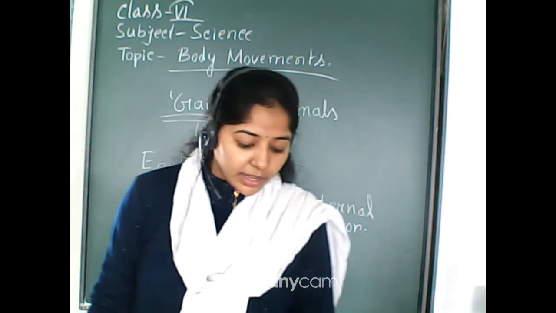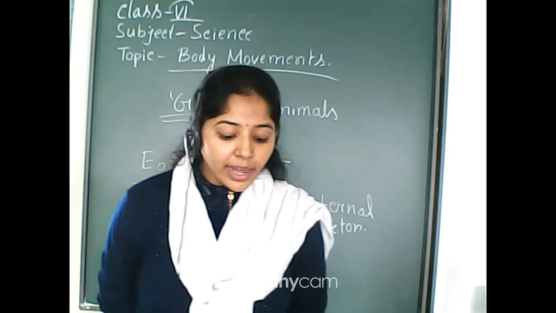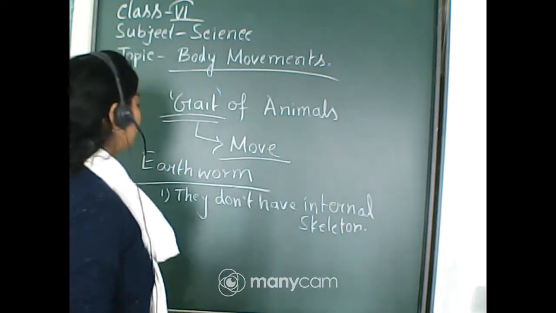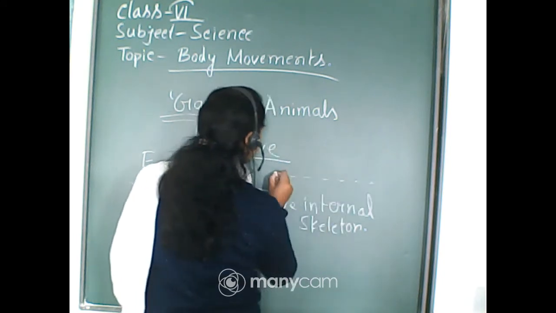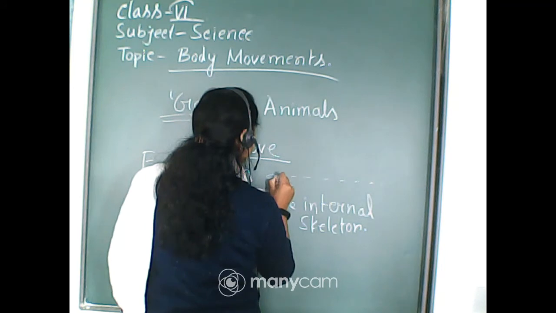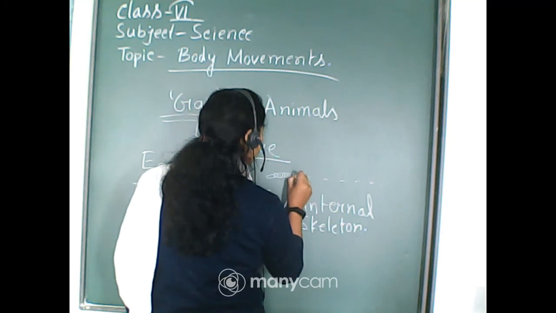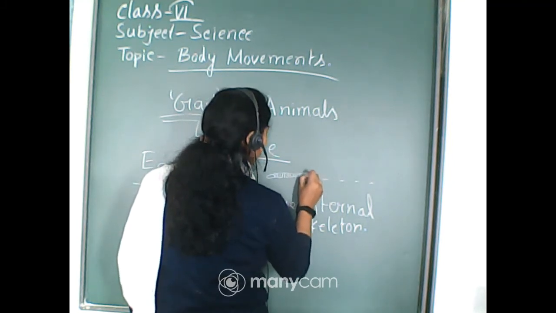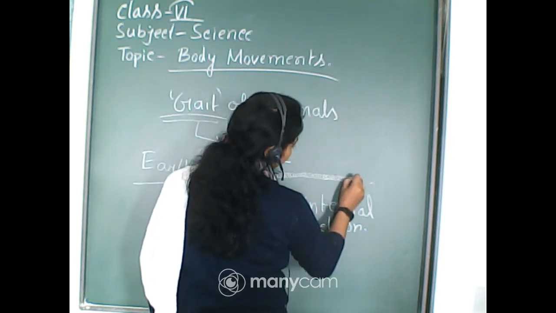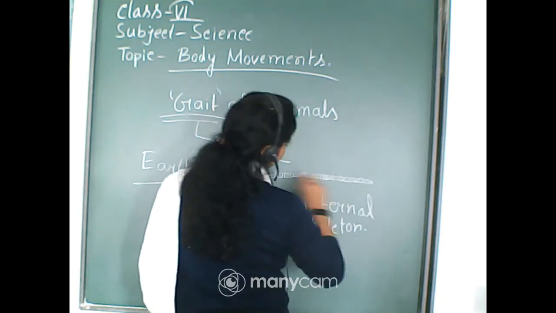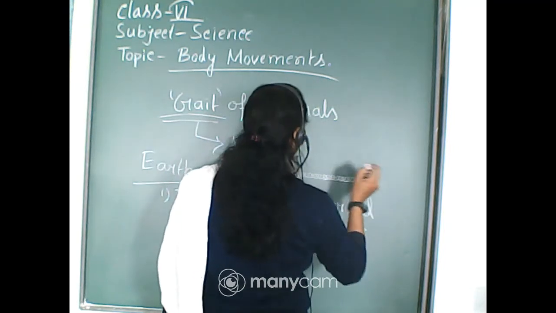As you can see, the body of an earthworm is made of many rings joined end to end. Now the structure of an earthworm, how it looks actually: if this is an imaginary structure of an earthworm, here you can see it is an earthworm, and it is made of very small rings. Ring-like structure, that is the structure of an earthworm.